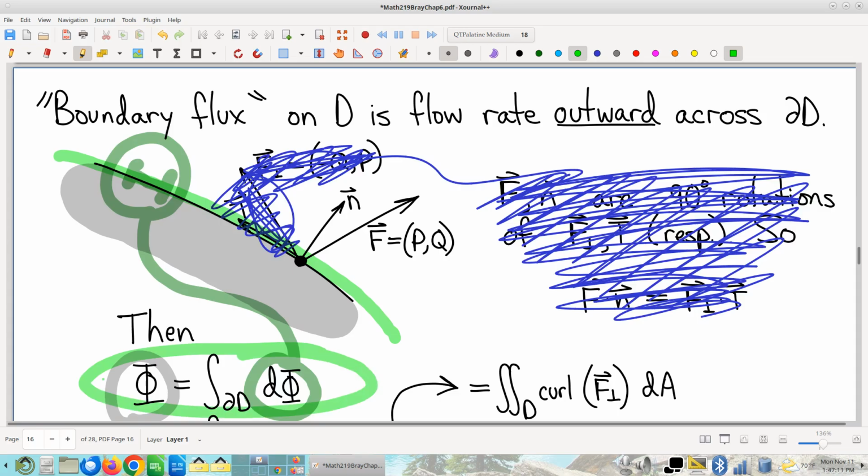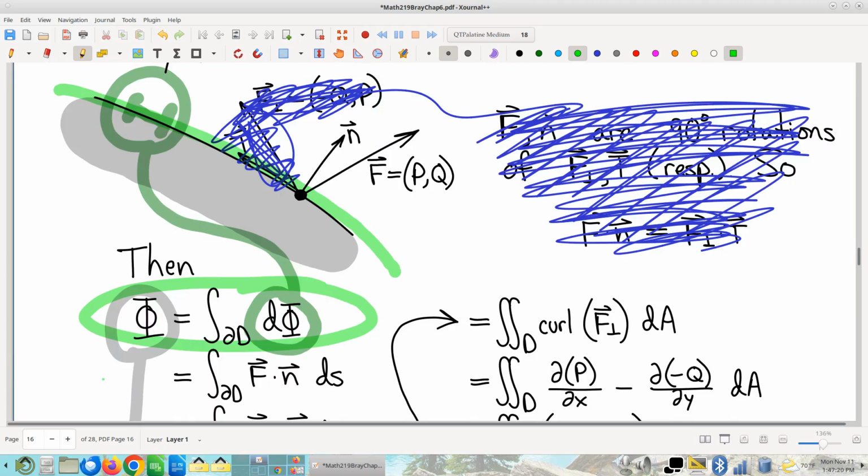It's our usual kind of divide and conquer, chop it up, add it up, whole is the sum of the parts argument. And on each one of these little pieces, thankfully, it's approximately straight. Not exactly, but close enough. Errors are going to go away in the limit, as they usually do.